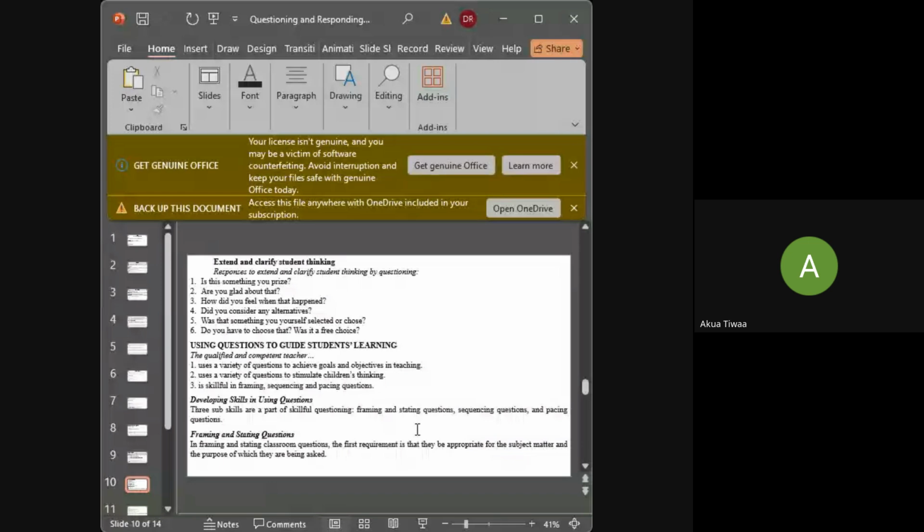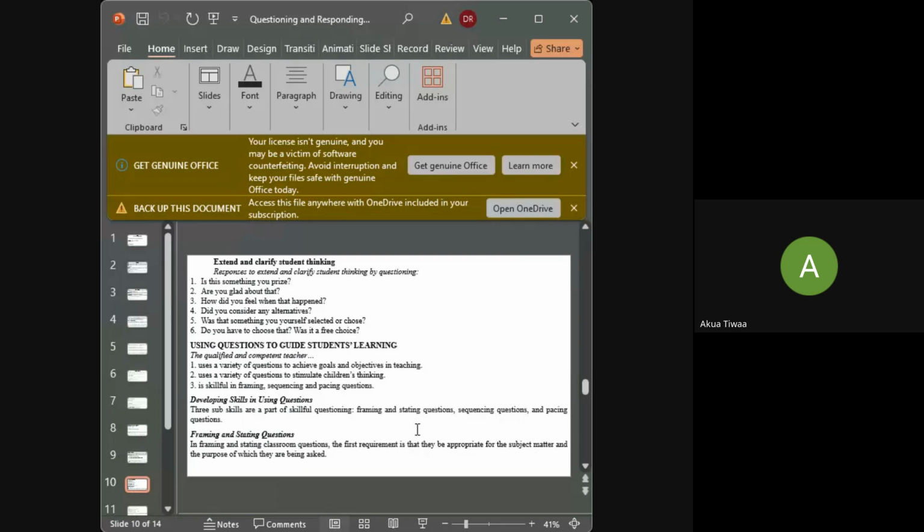developing skills in using questions. Now there are three sub-skills that are a part of skillful questioning. One is framing and stating the questions.